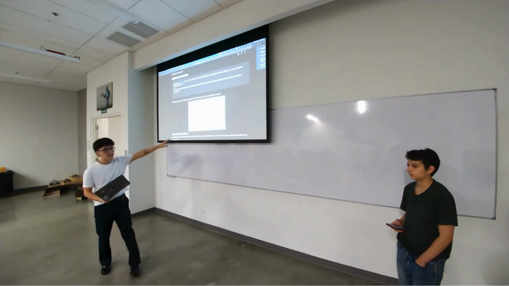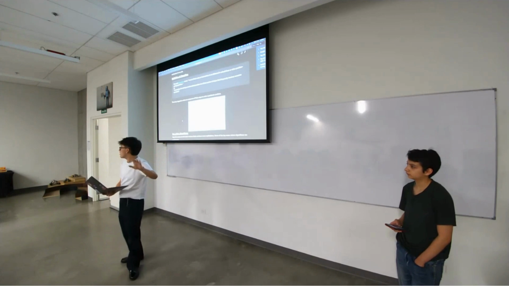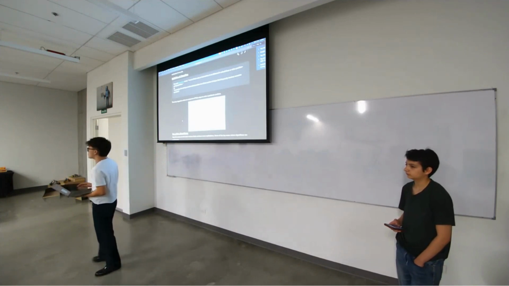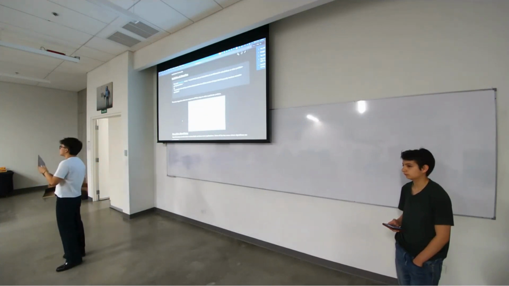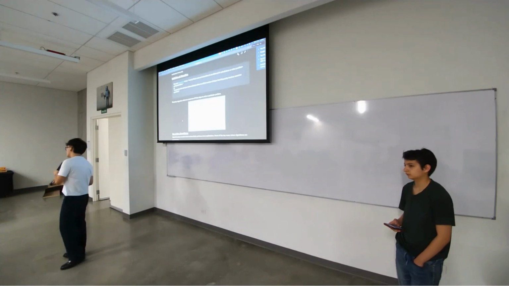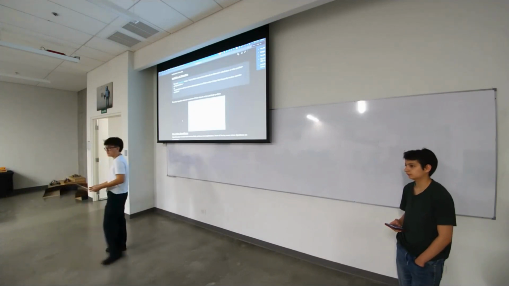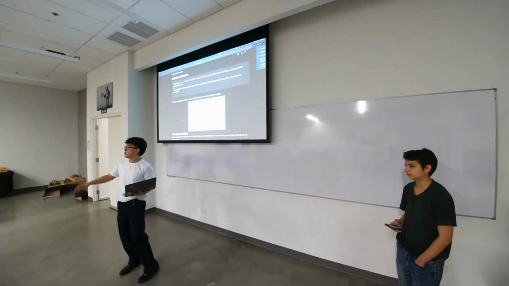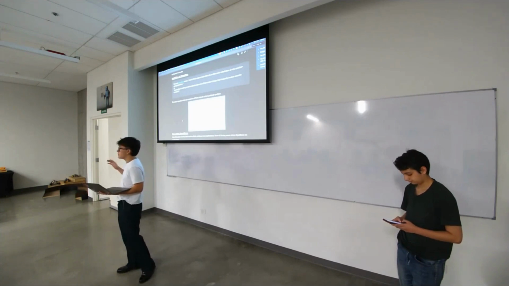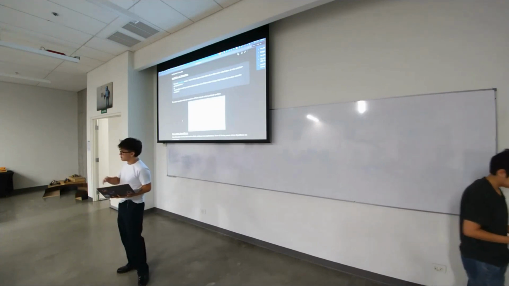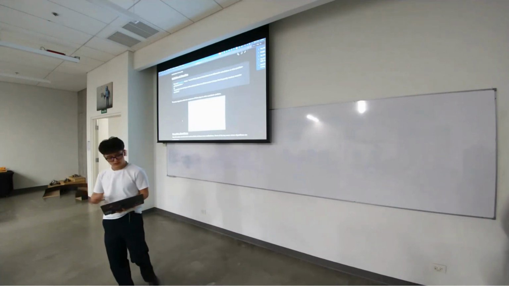So the output cannot be expected or cannot be traced. That's something really important. If you make an algorithm, you should kind of know what's going to be the output. So for conclusion, we can say that an algorithm is a function for a specific input with a specific output.